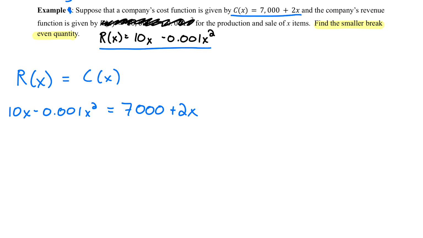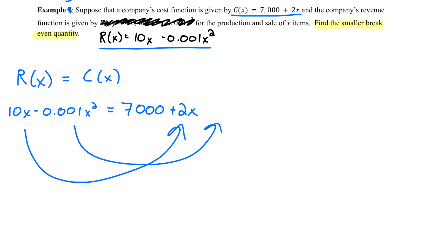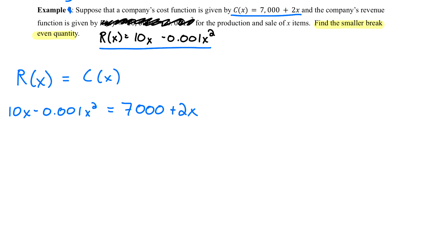Now we have a quadratic equation here because our highest power is a 2. I think the easiest way to solve a quadratic equation is to set it equal to 0. I like my leading term to be positive, so I'm going to take the two terms that are on the left-hand side of the equation, I'll add and subtract them and move them over to the right-hand side of the equation.